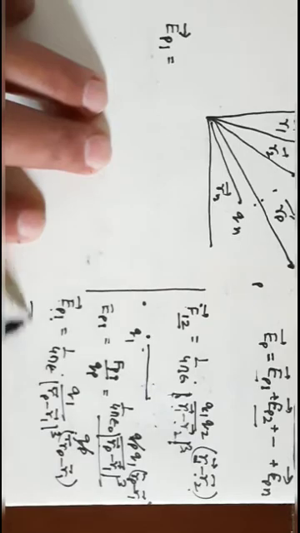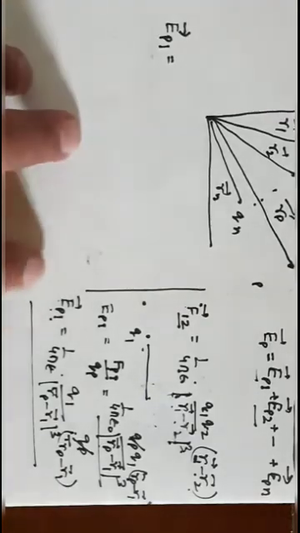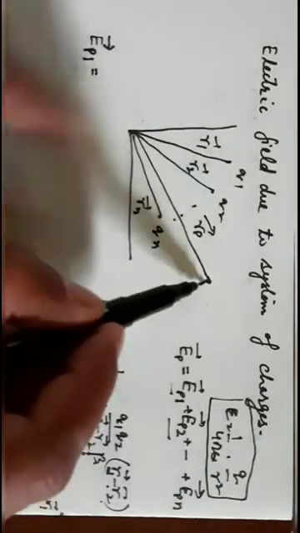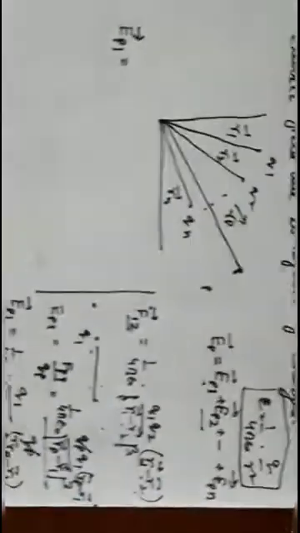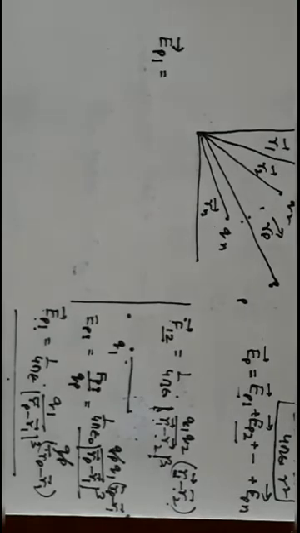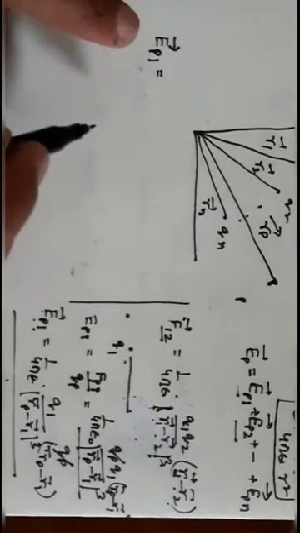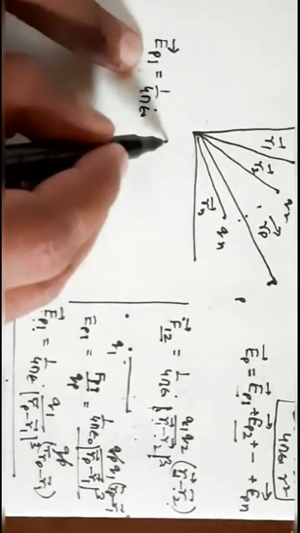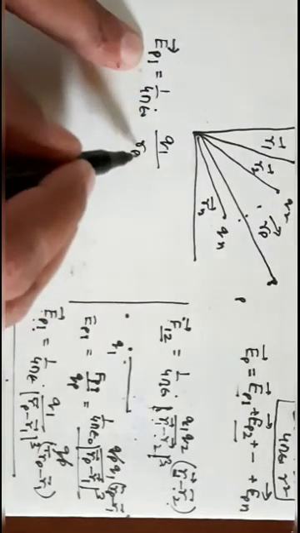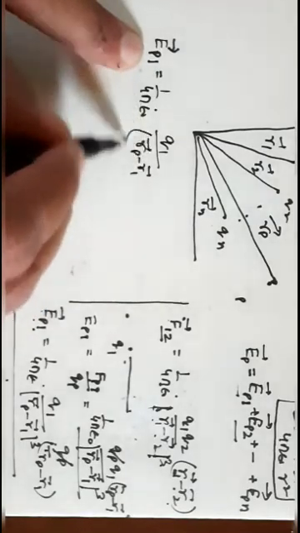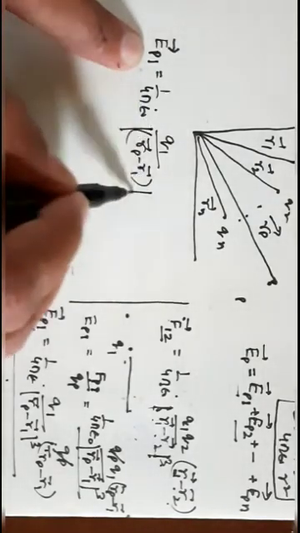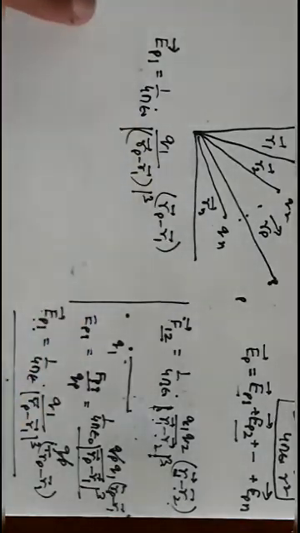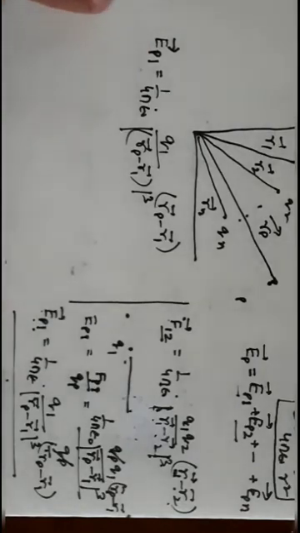So this is the electric field at point P due to the first charge, given by this equation. I am writing it directly: 1 upon 4 pi epsilon naught q1 times the vector rp minus r1 over mod rp minus r1 cube. So this is the electric field at point P due to the first one.